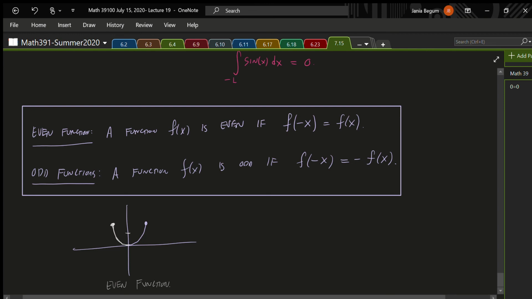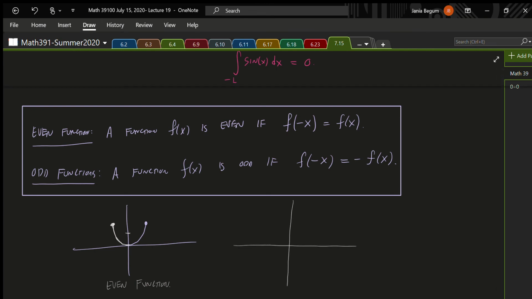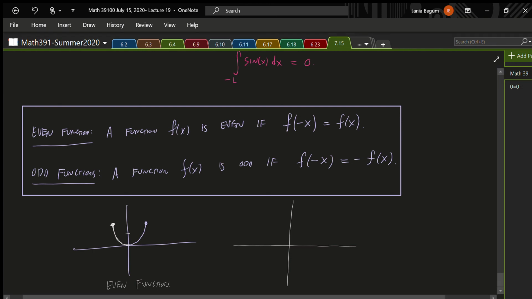And what about an odd function? How do you draw a picture of an odd function? About the line y equals x? No, that'll be an inverse function, right? So almost, you almost have it.